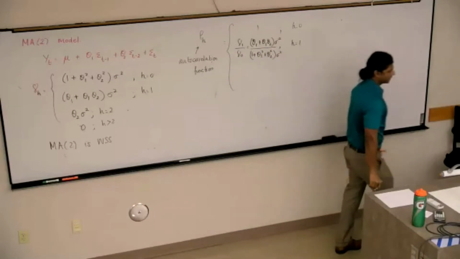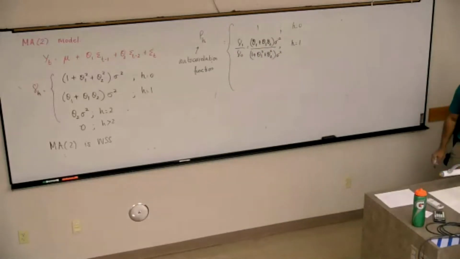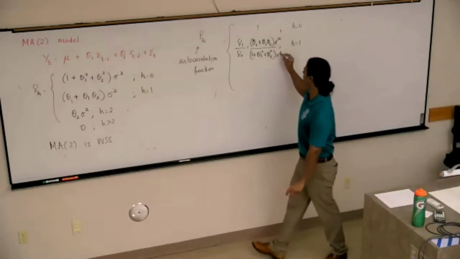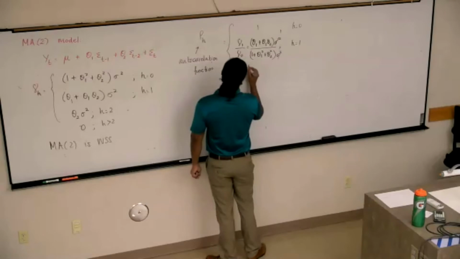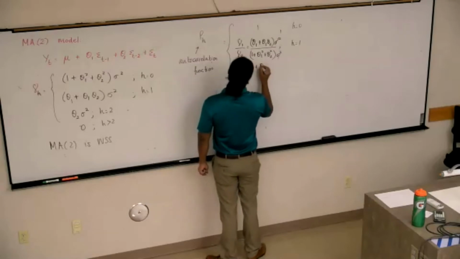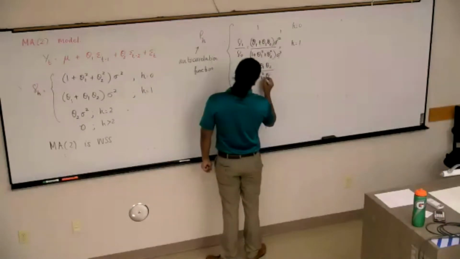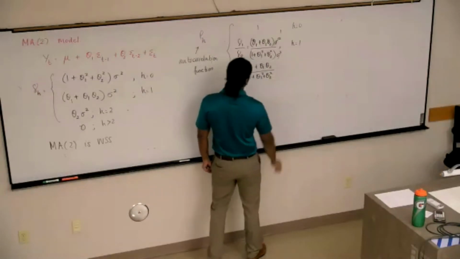What happens to the sigma squared? It'll get cancelled. So we will end up getting theta 1 plus theta 1 theta 2, divided by 1 plus theta 1 squared plus theta 2 squared.